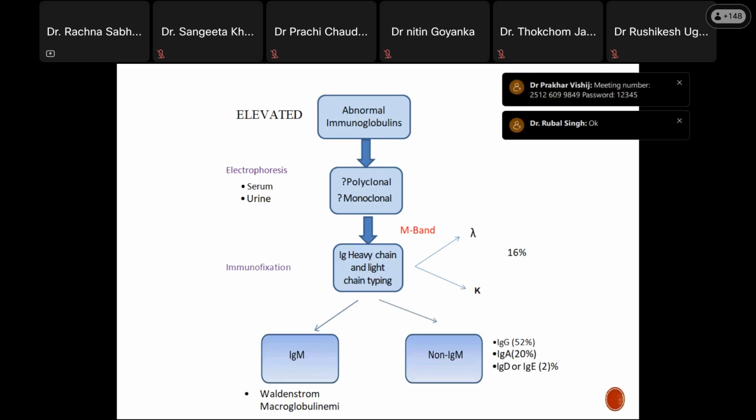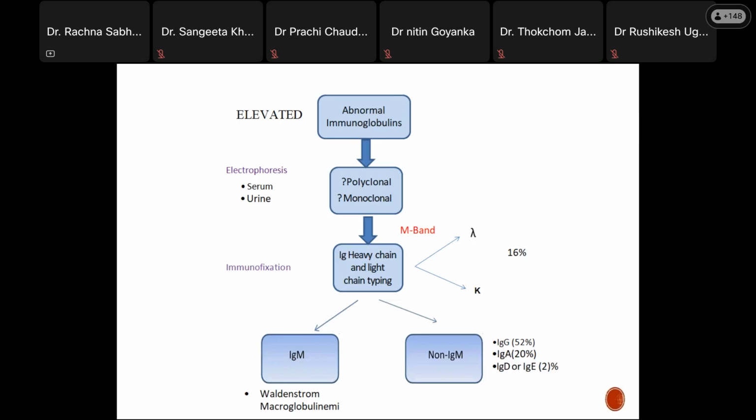In 52% of patients we get IgG, 20% we get IgA, and the remaining 2% we get IgD or IgE. And light chain is classified into kappa or lambda type. And 16% is contributed by light chain disease.